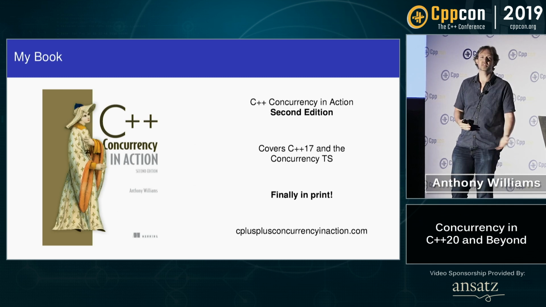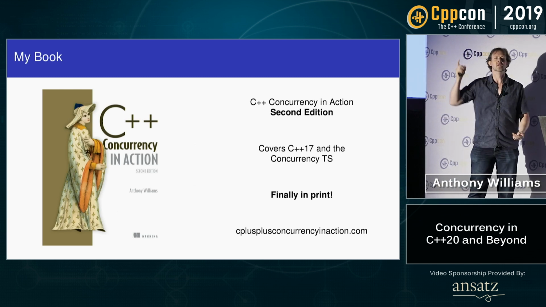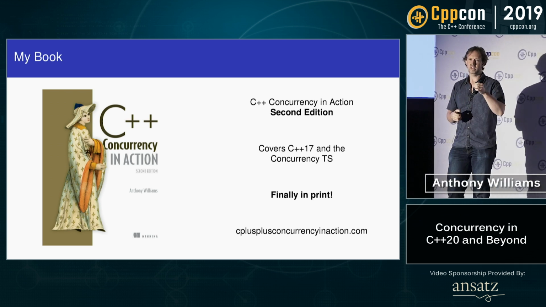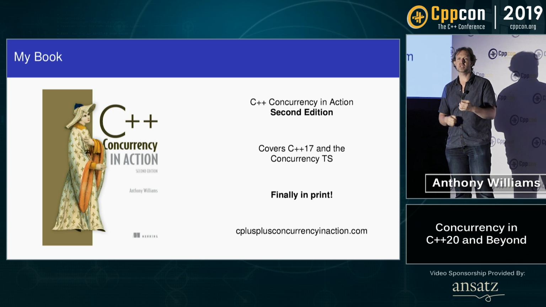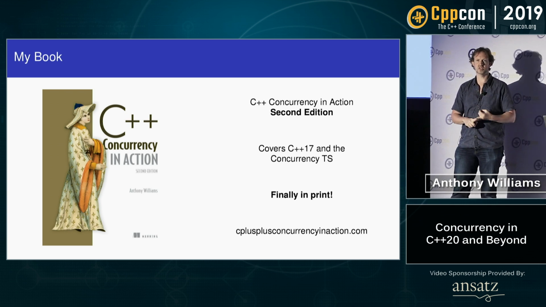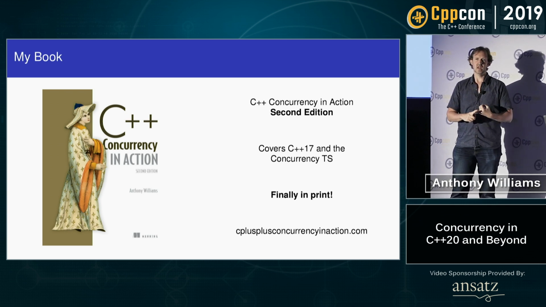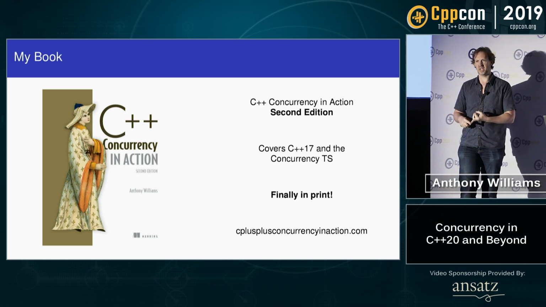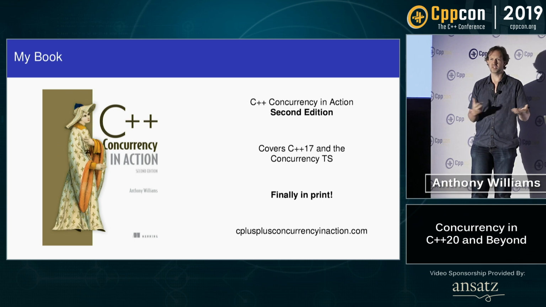My book is now in print, the second edition. There are copies for sale. I'm very glad that it's finally in print. The Concurrency TS stuff that it covers actually includes latches and barriers, which are now in C++20. There is some stuff about joining threads, but it's not called JThread in the book because we changed the name after I'd written it.